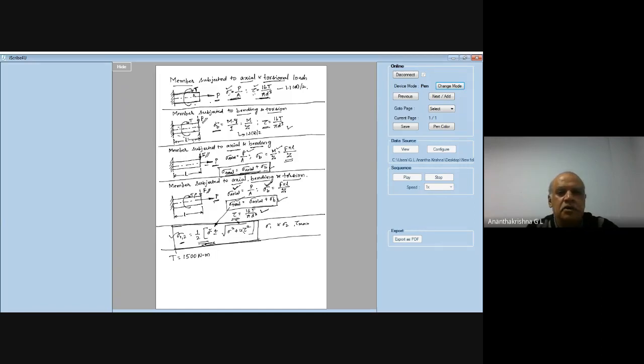Find the necessary diameter of the shaft for an allowable shear stress of 60 megapascal.